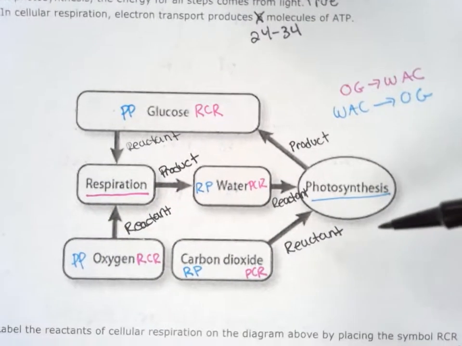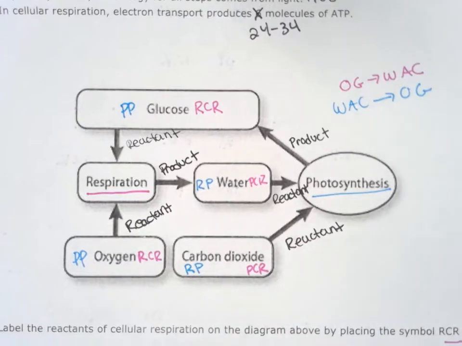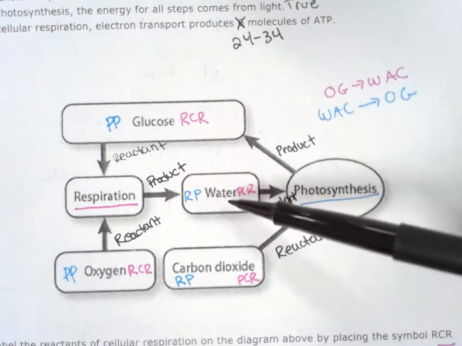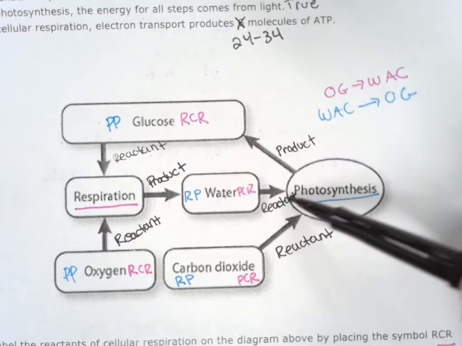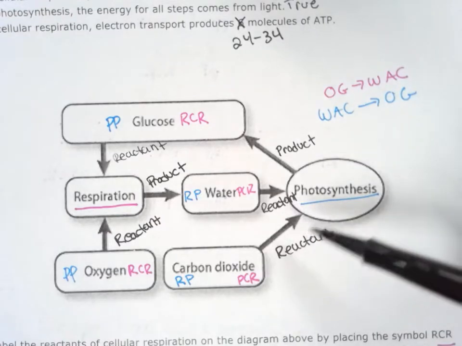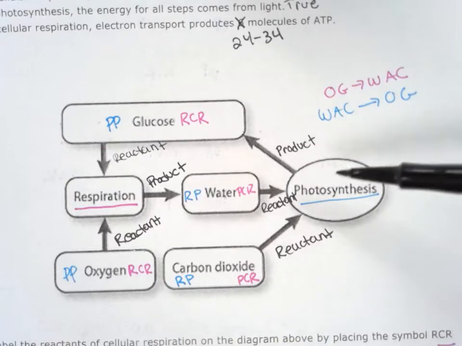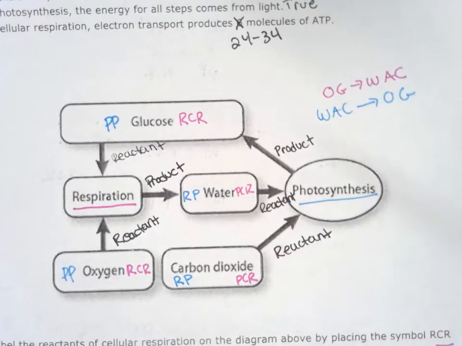Now I'm going to see if all of the reactants and products are indicated for photosynthesis. Looking at the equation, I know that water and carbon dioxide are both reactants. They both have arrows pointing toward photosynthesis. We're good. Now, are all of my products accounted for, meaning are there arrows from photosynthesis to all of its products?